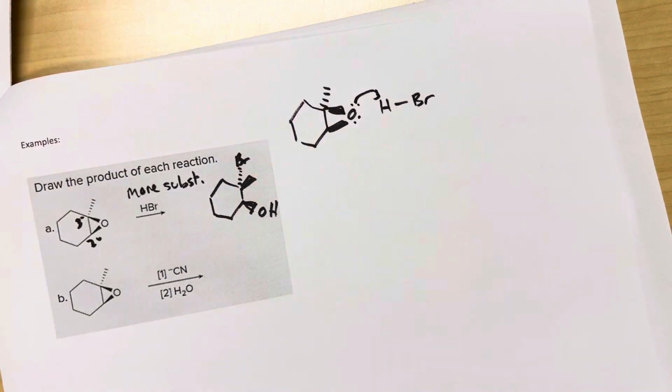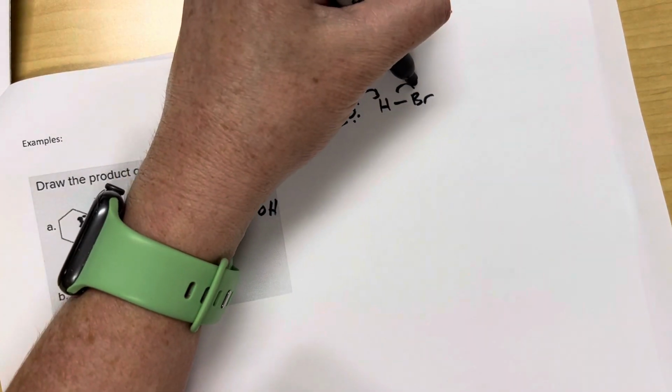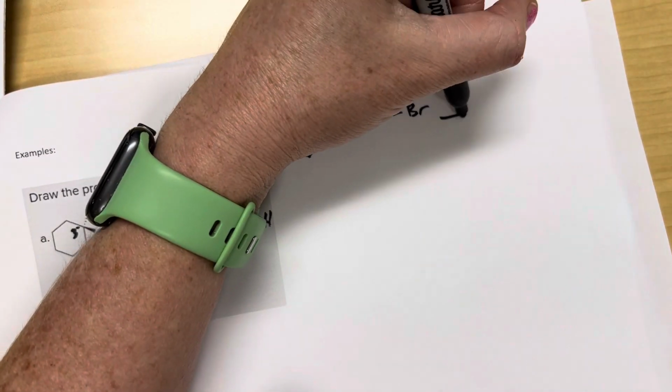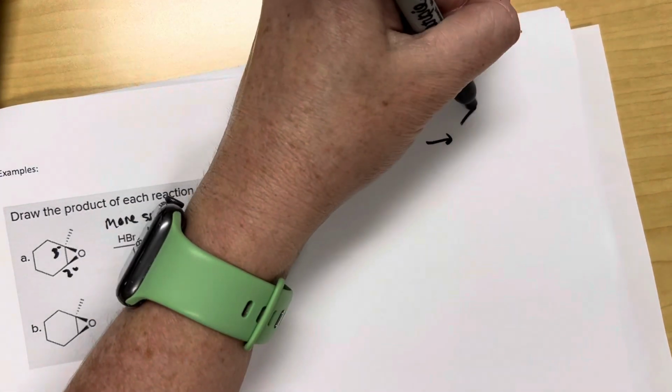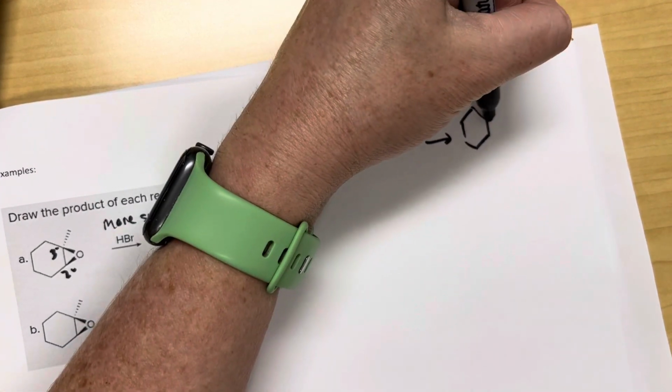So the oxygen is going to attack an H. Bromide goes over there. That causes us to now have an H on our epoxide.